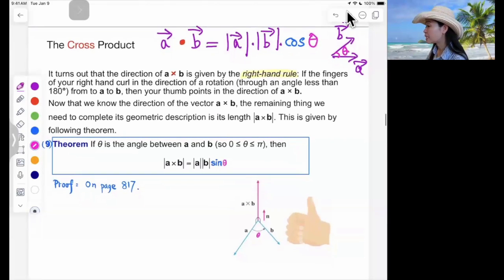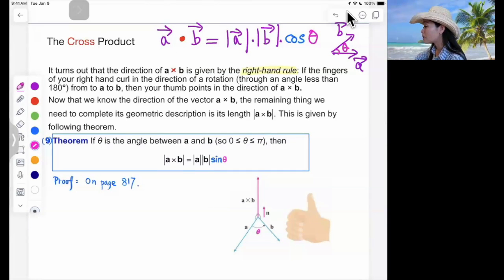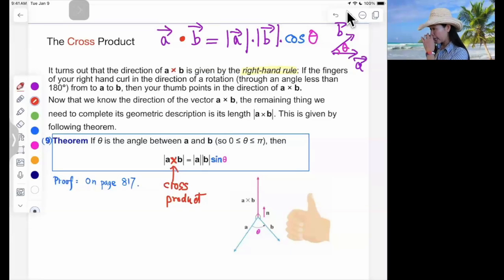Today we have a similar theorem for the cross product. That's equal to the magnitude of A times the magnitude of B, and then times sine of theta.